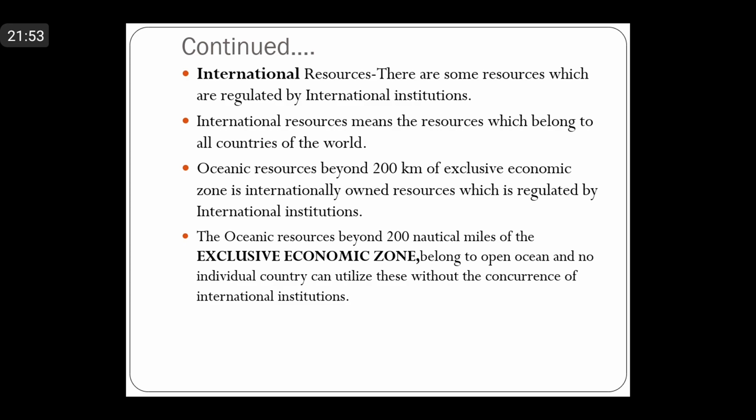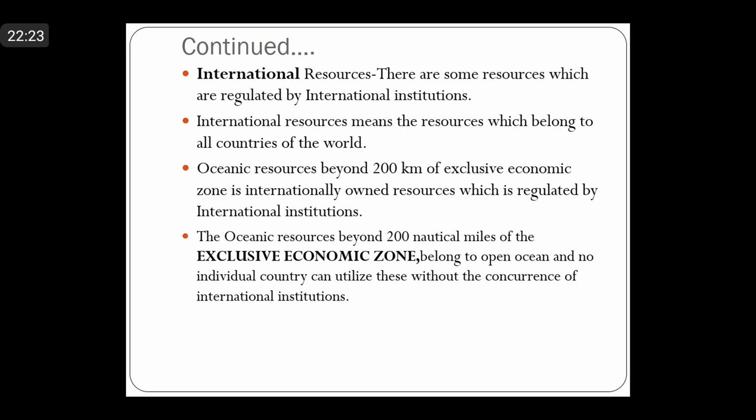The oceanic resources beyond 200 nautical miles of the exclusive economic zone belong to the open ocean and no individual country can utilize these resources without the concurrence of international institutions. Okay. So, what is that in fact?